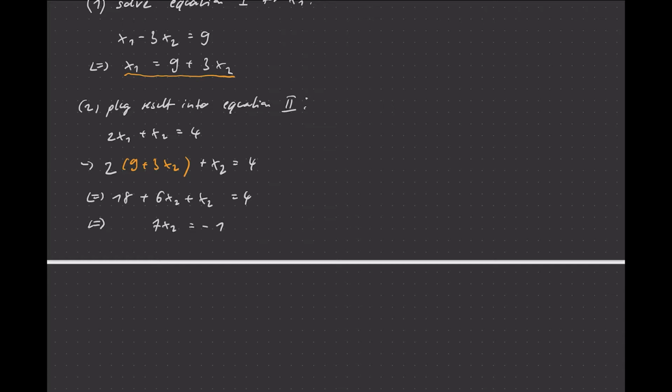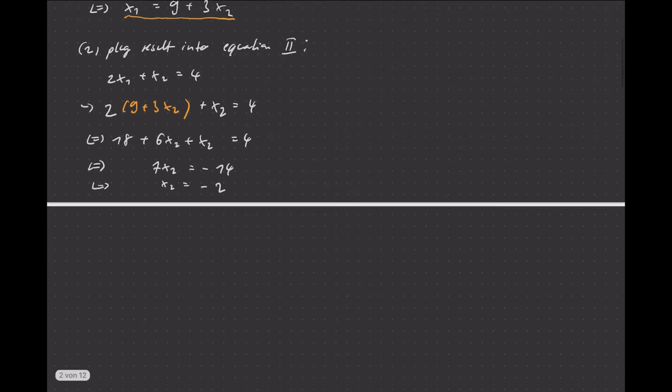We get minus 14 on the right-hand side. So the solution for this is x2 equals minus 2. And of course, from this, we can just use back substitution. So we can take the result that we got here for x2, plug that into the first equation, and then compute x1.